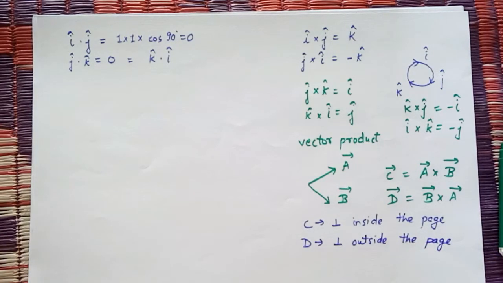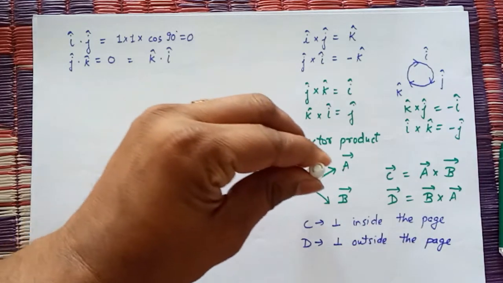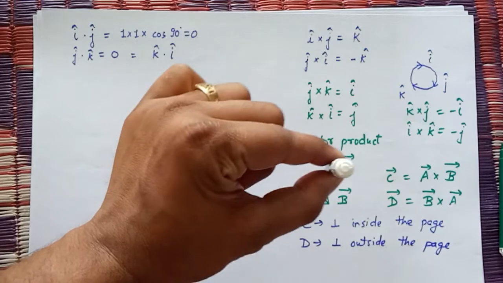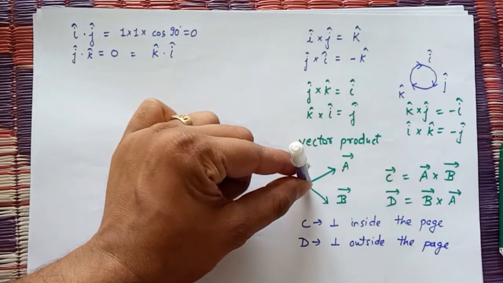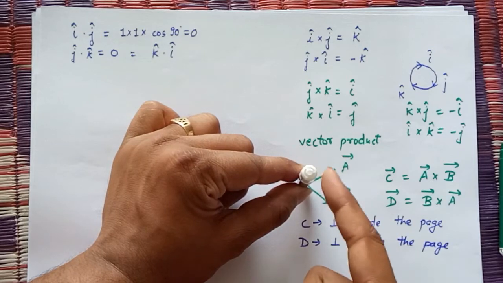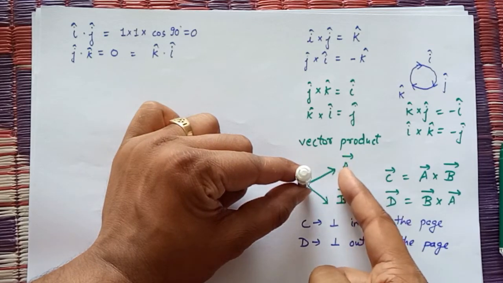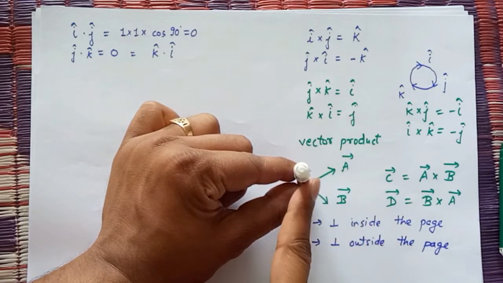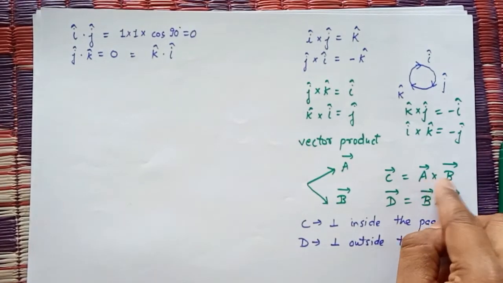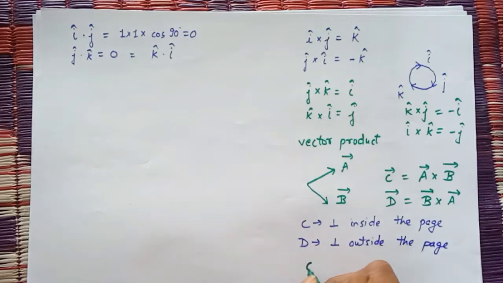If I keep my pen like this, then this is the perpendicular outward direction, and hence it is the direction of D. Here this one is D, it is perpendicular to A as well as perpendicular to B. So when we take the cross product, then C vector is perpendicular to each of them.